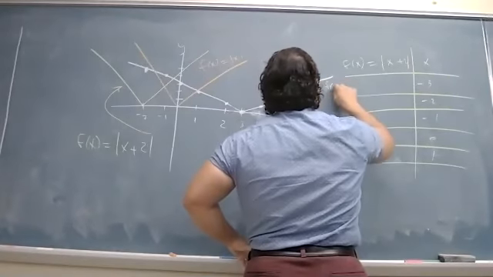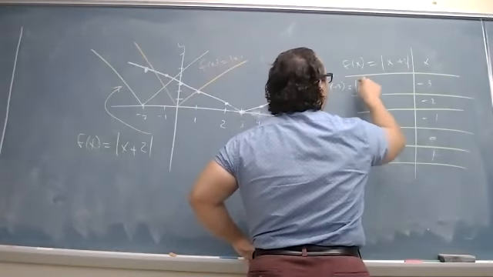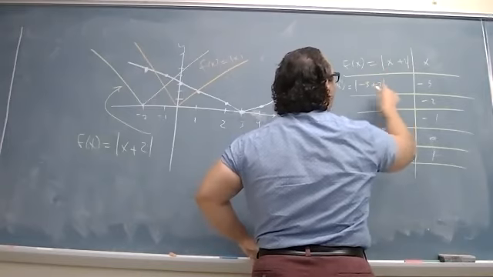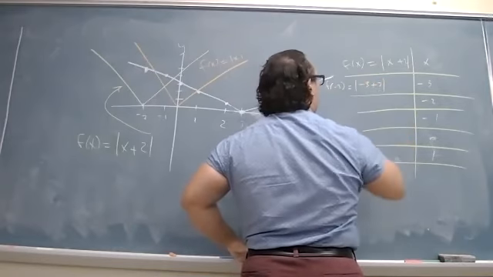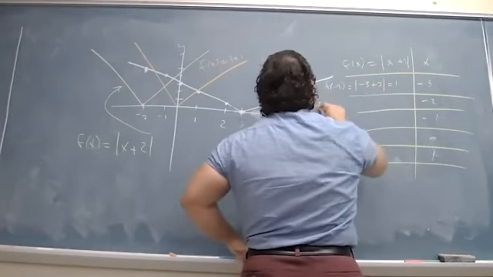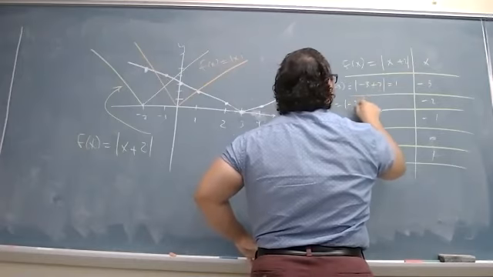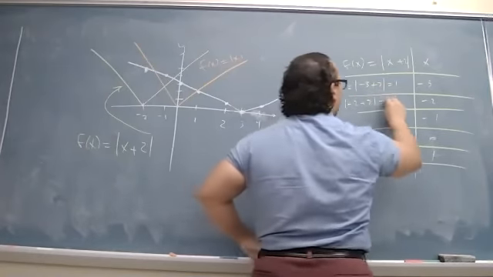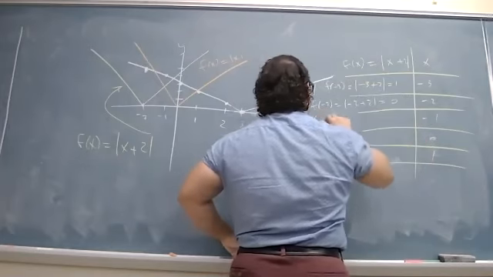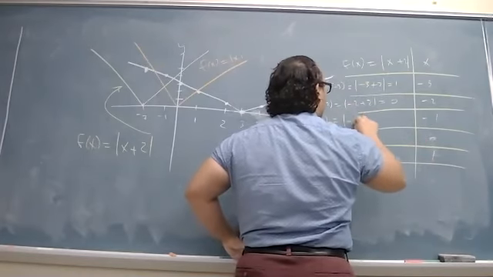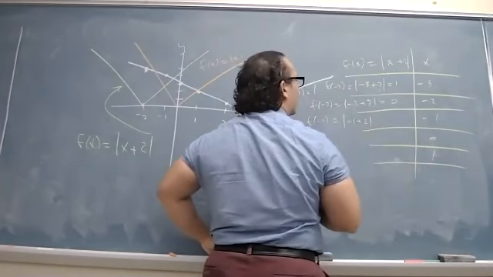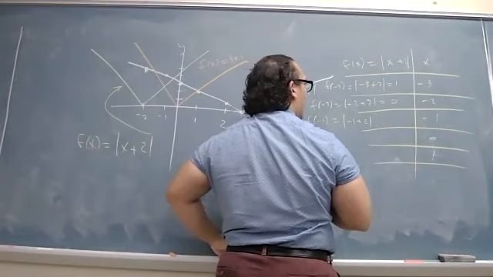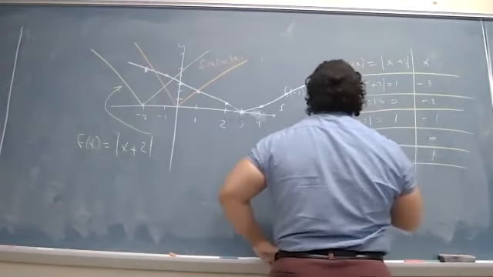So f of negative 3 is the same thing as negative 3 plus 2, absolute value. That's negative 1 absolute value, which is 1. f of negative 2 is the same thing as negative 2 plus 2 absolute value, which is 0 absolute value, which is 0. f of negative 1 is the same thing as negative 1 plus 2 absolute value, so when you add them, you get absolute value of 1, which is 1.